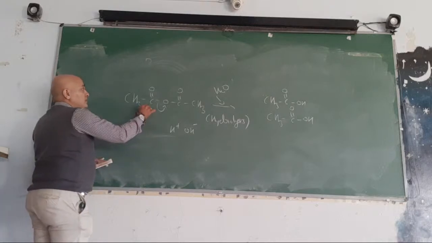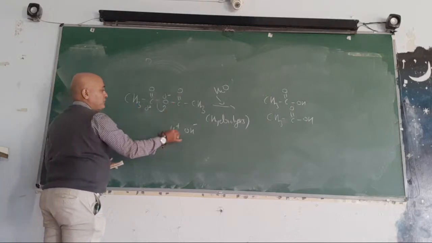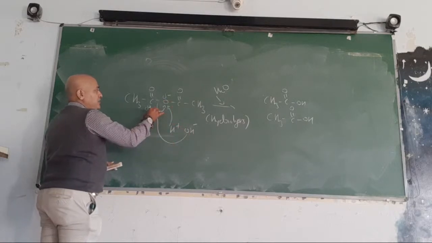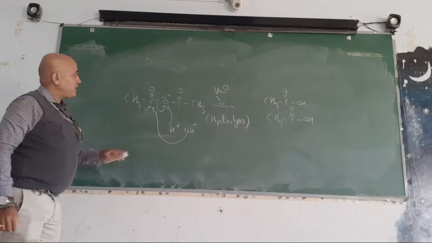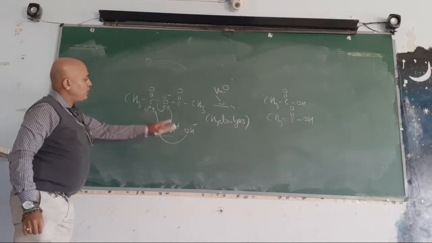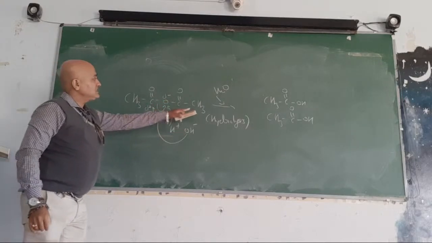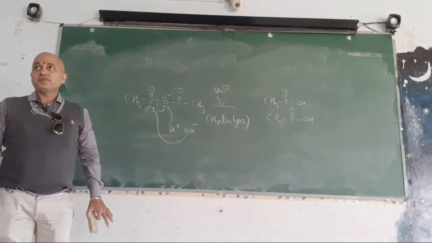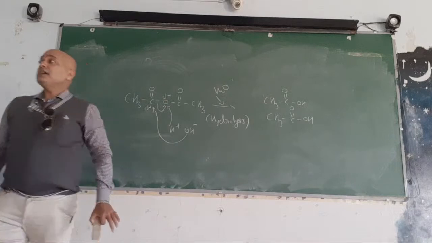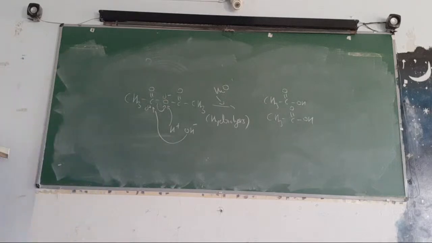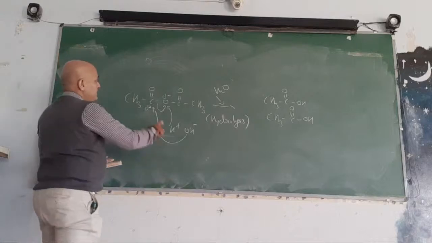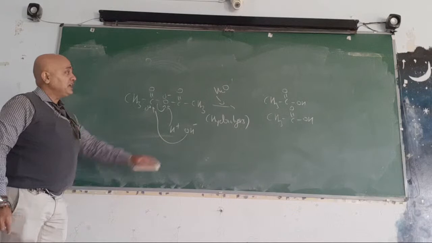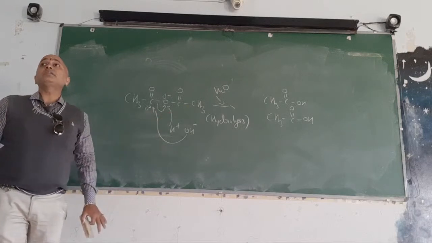So that means positive, negative. The positive part will go with the negative part, and the negative part will go with the positive part. What we are going to get is CH3COOH, and CH3COOH. That's what I have written. So by using the water molecule, we are cleaving either this bond or this one. Any one bond will be cleaved, and we are going to get the two carboxylic acids.